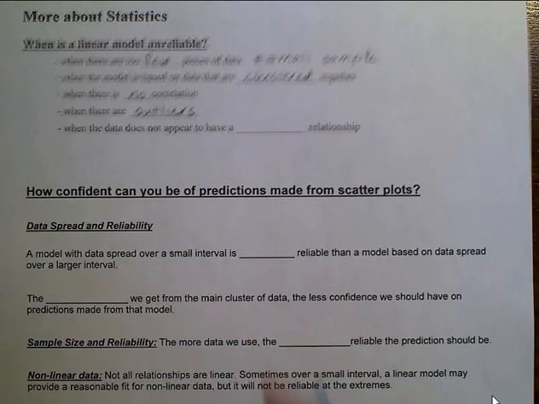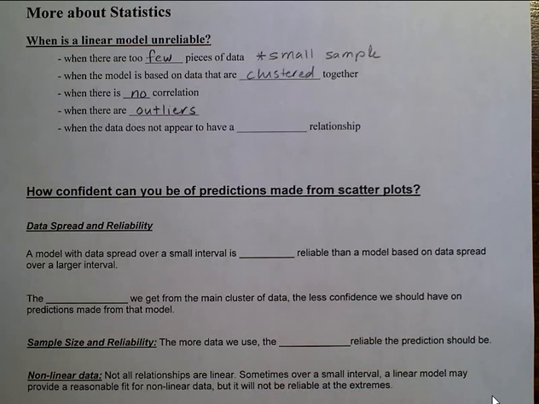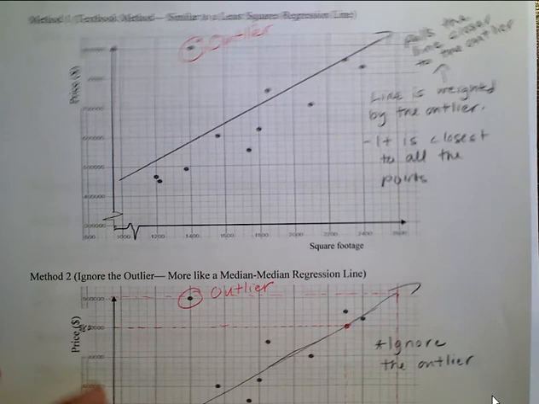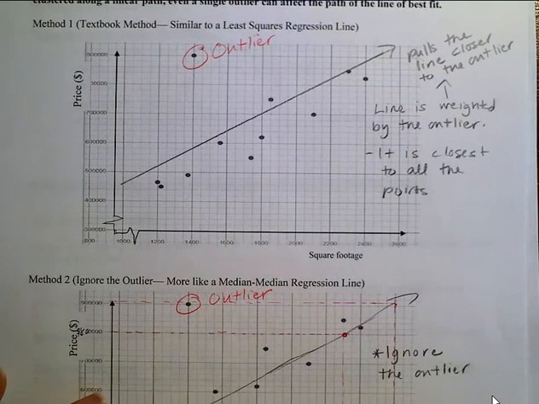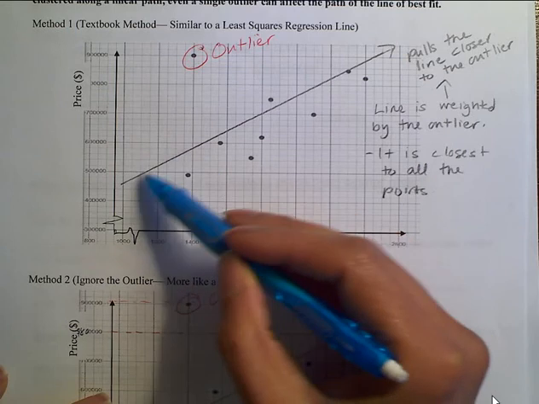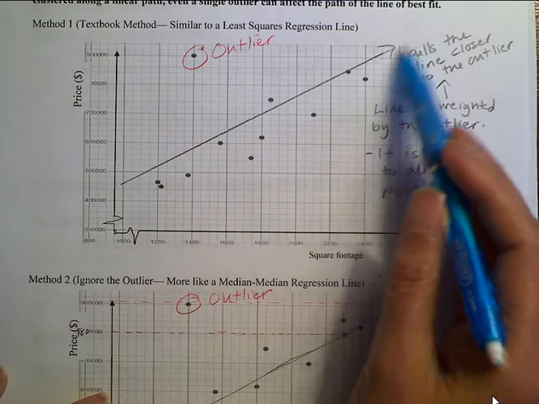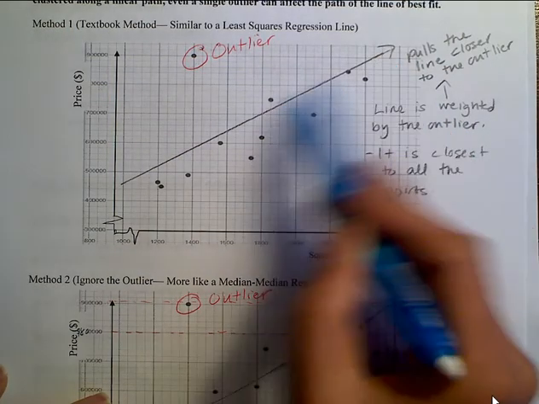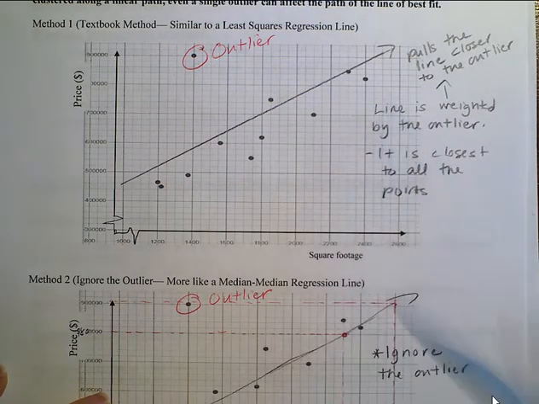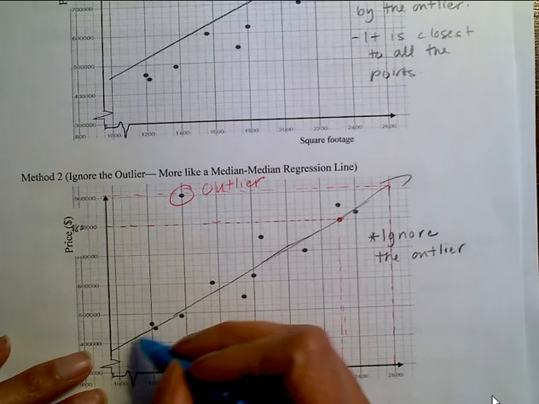I'm going to just show you this from our last note. So, for example, when you draw a line of best fit that's influenced by that outlier, or weighted by the outlier, there's not going to be very many points that we predict that will actually fall on that line. Almost all the points were below the line. So the other method where we ignore the outlier would actually be the better method.